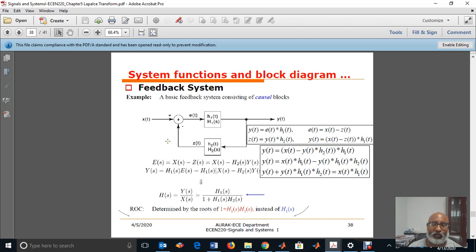If we want to keep the speed of an autonomous vehicle at a certain speed, for example 100 km per hour, then the input is 100 km per hour, the reference speed. So we need to design a system which will keep this reference speed.